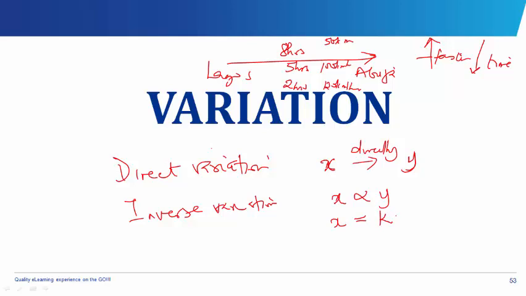So x equals k y. What it means is that anytime you increase x, y will also increase, provided that this your k remains constant. This our k is called a constant, which you don't know the value. So anytime you increase x, y increases.